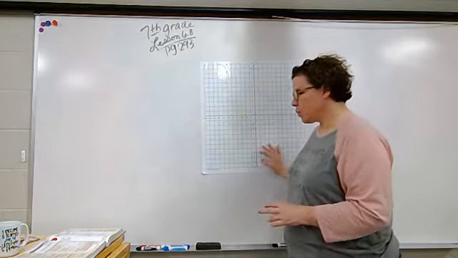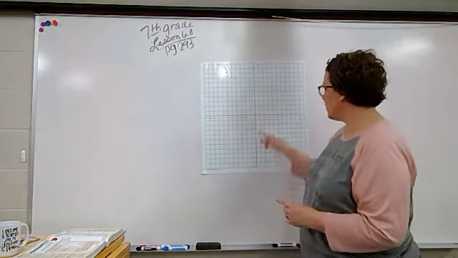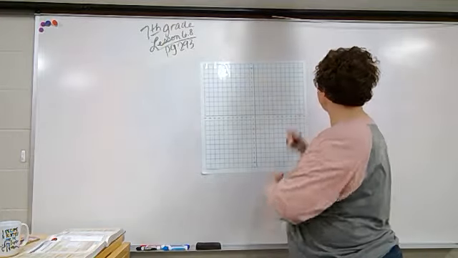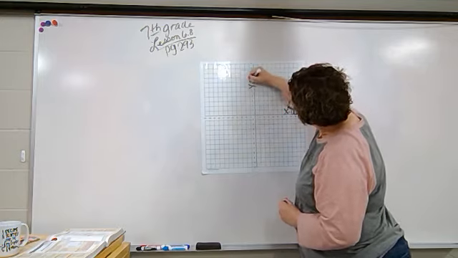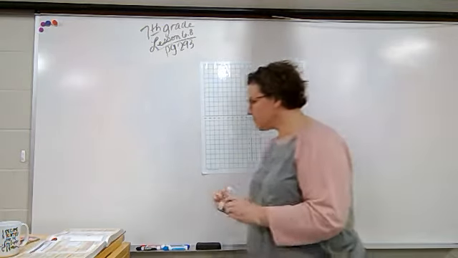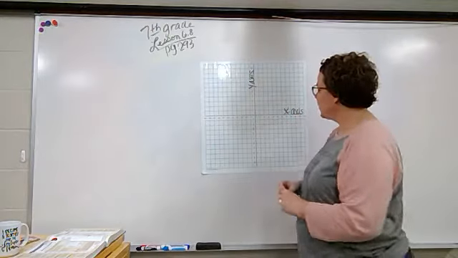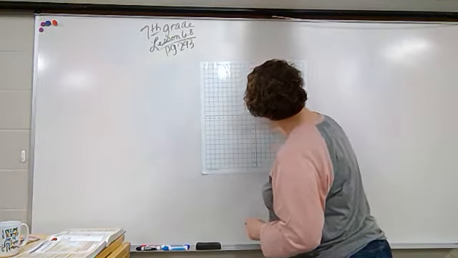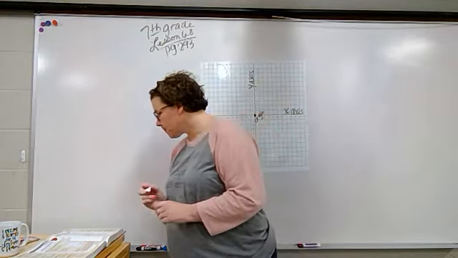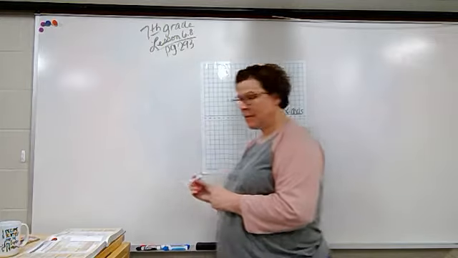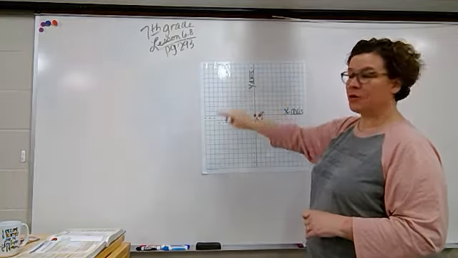This is an example of a coordinate plane, and it is formed by the intersection of a horizontal number line called the x-axis. This is the x-axis, and this is the y-axis. The x-axis and the y-axis meet at a point called the origin. That's right here in the middle, O-R-I-G-I-N. And then it divides the coordinate plane into 4 quadrants, and they start right here and go counterclockwise.